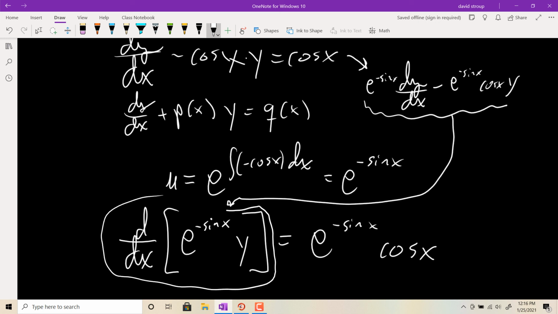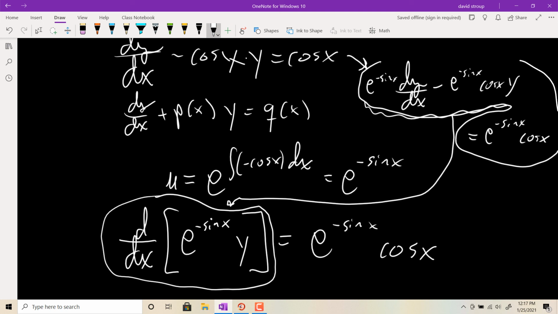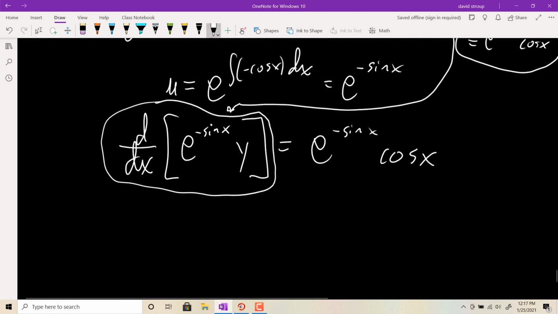And then on the other side, you're multiplying cosine x by e to the negative sine x. It's just we kind of skip that part, or I do, just for the sake of sanity. But if you want to write it out, by all means, write it out. So anyways, here we are.